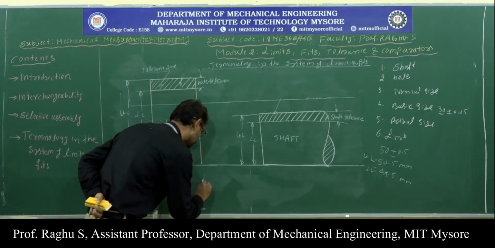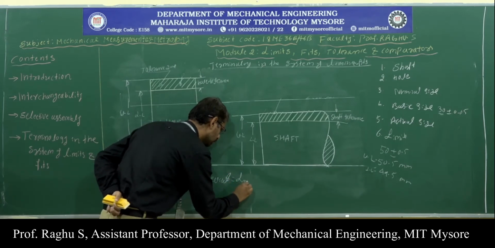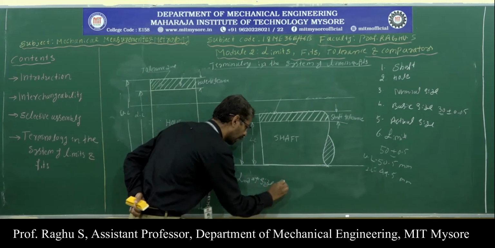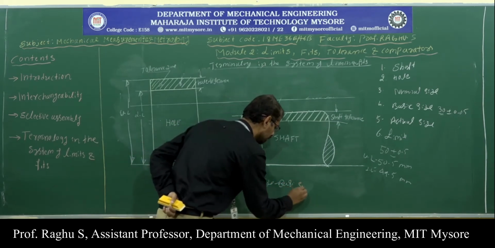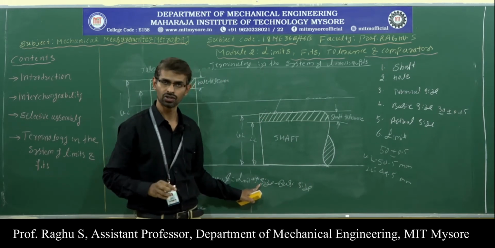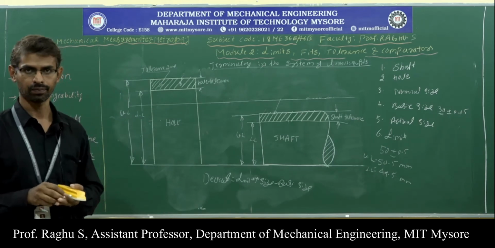So deviation is the limit of size minus basic size. If the limit of size is the upper limit, then it's called upper deviation. If the limit of size is the lower limit, then it's called lower deviation.